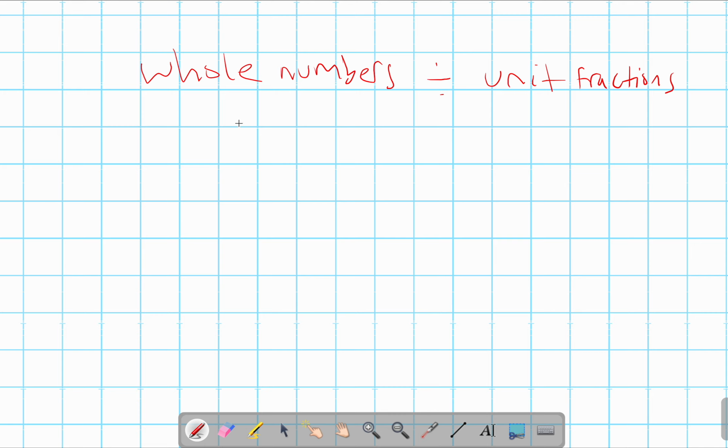So let's do 3 divided by 1/2. Okay, 3 divided by 1/2. So what that means is that you have 3 of something. That means you have 3 of something.